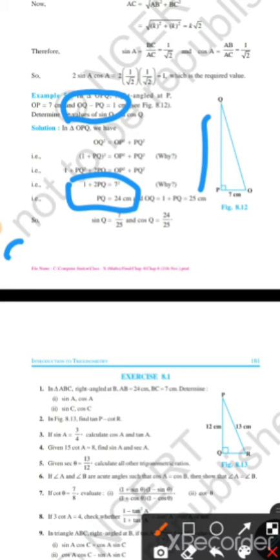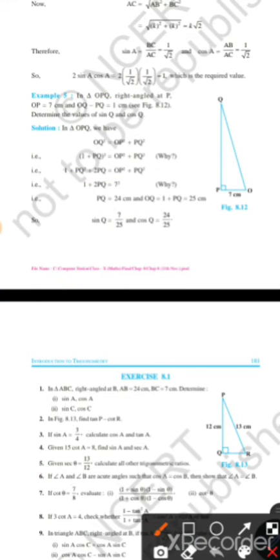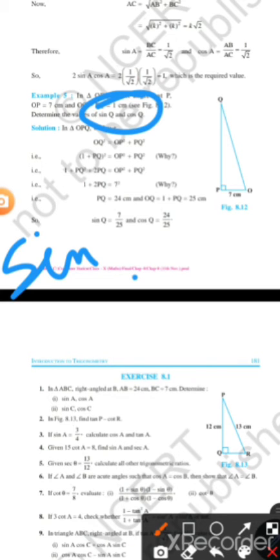What was sin theta? Equal to opposite side upon hypotenuse. Which is the opposite side of theta? We are asked the question in terms of Q. So sin Q equal to, which is the opposite side of Q?